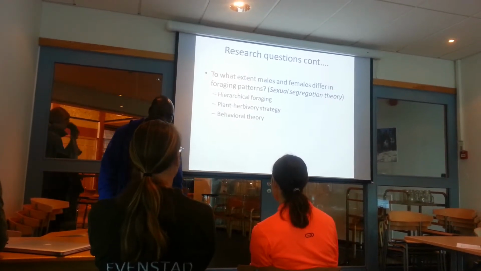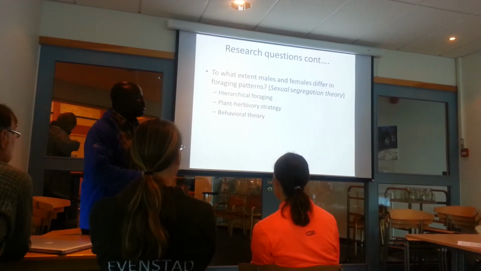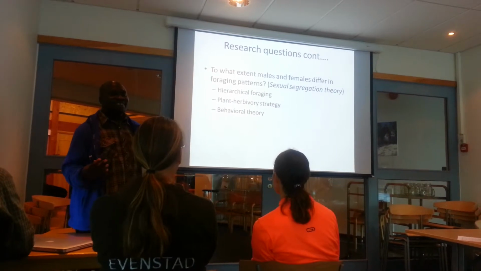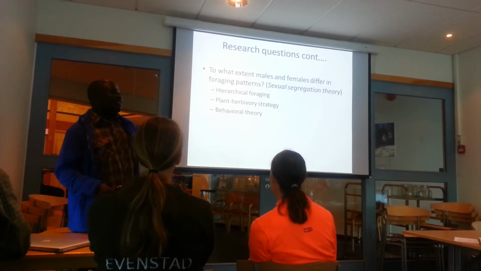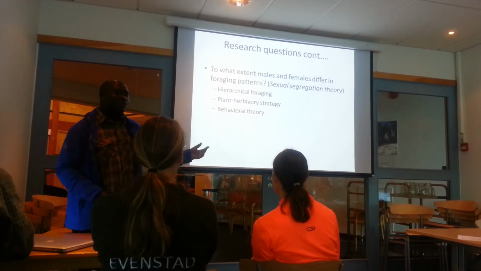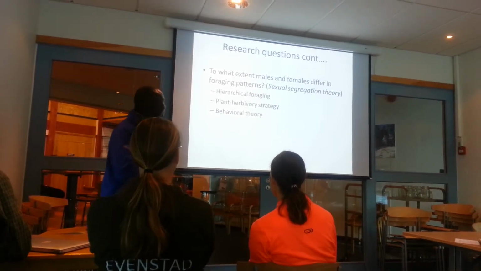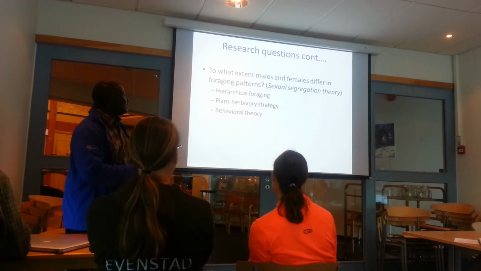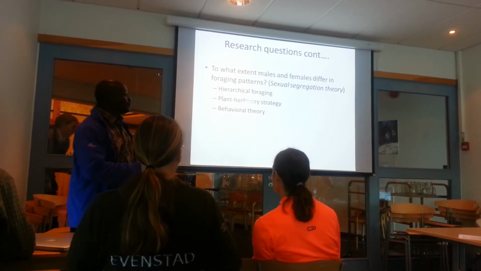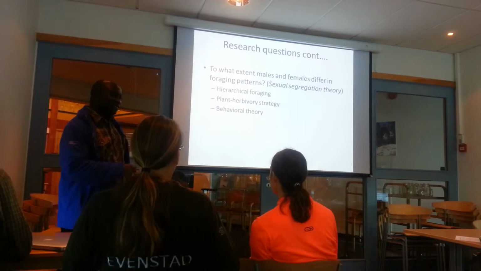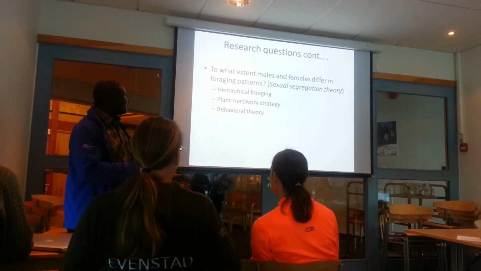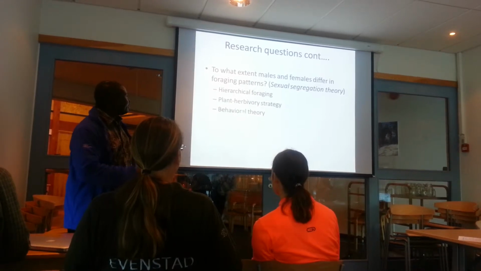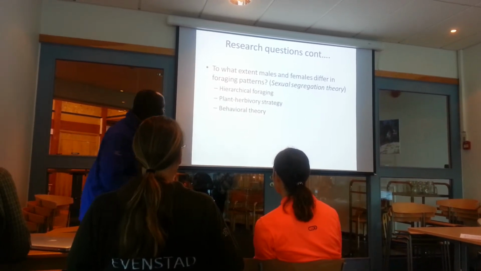Especially outside the mating season, when they are not mating, you find a male somewhere there, a female somewhere there. So within the sexes, they have developed foraging patterns, foraging mechanisms of how to deal with the plant's defense. That was the theory.